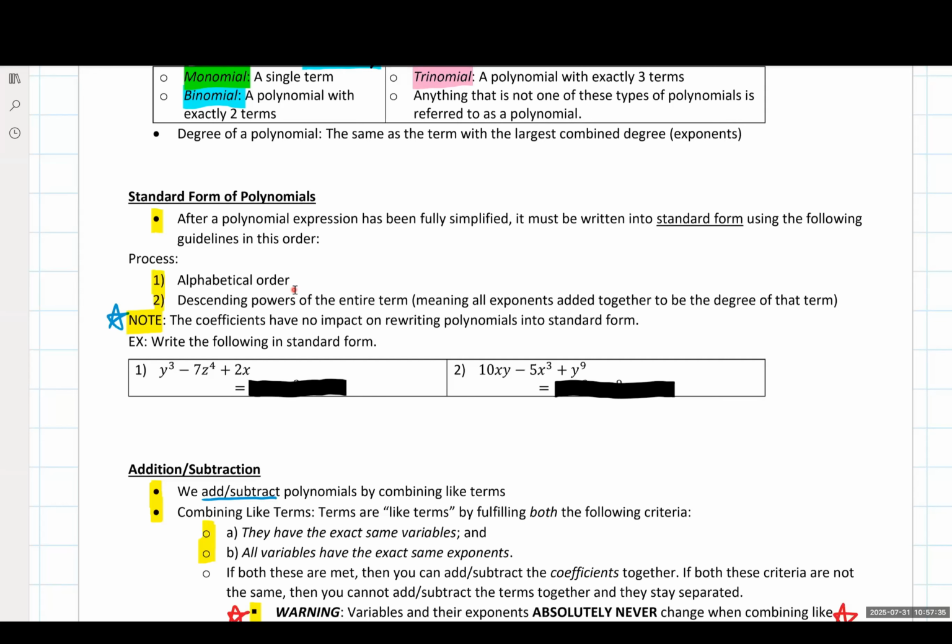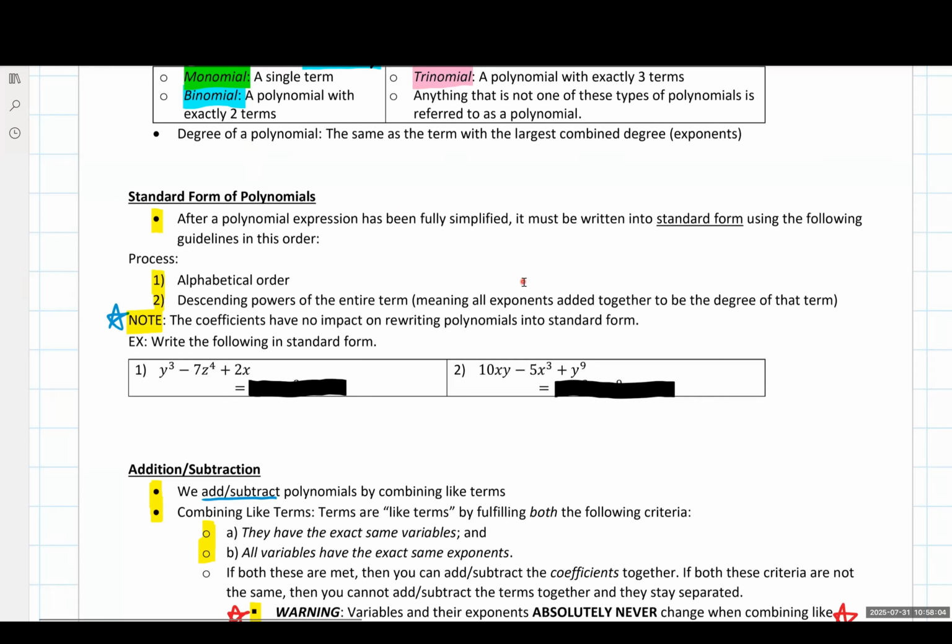Everything that comes later in the alphabet gets listed further to the right. If we have an instance where multiple terms have the same variable, like multiple things with X or multiple things with A's in them, we then look to list those in descending powers of the entire term, meaning the degree of that polynomial.